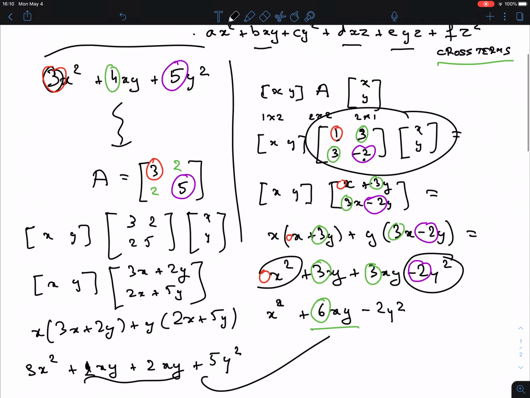Oh, sorry, I'm pointing to the wrong one, to this one. Okay, so it's exactly the one that I started with. So the only thing that we have to remember is that we have to take half of the cross term here. Now, this is for 2 by 2.